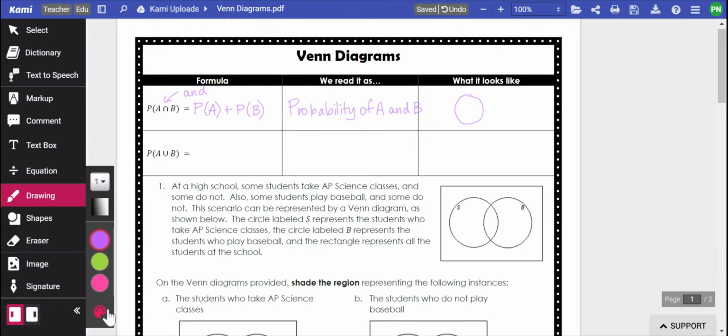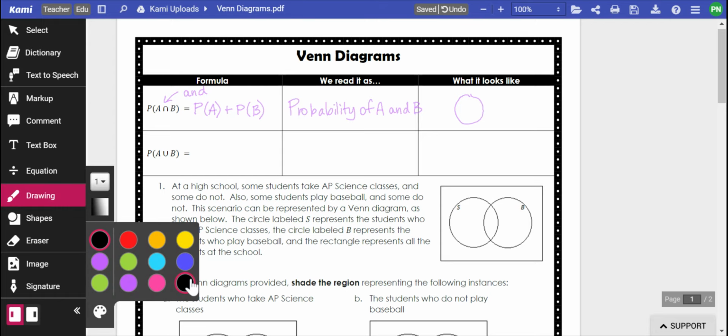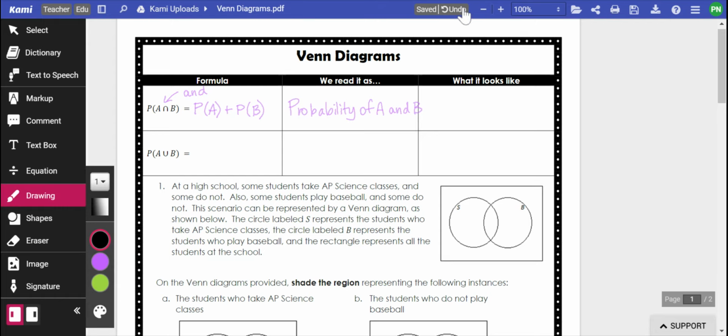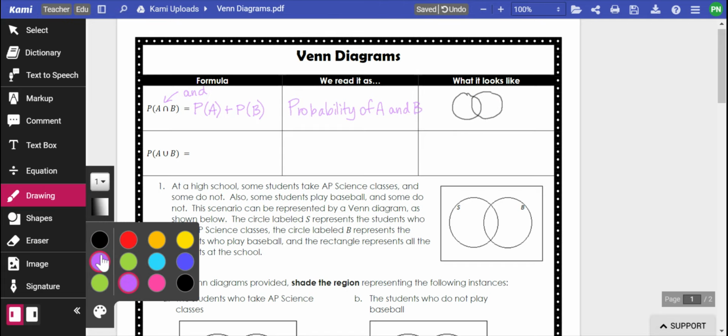What this is going to look like if we were to have a Venn diagram, then if I am finding the probability of one event occurring and another event occurring. So let's say I'm thinking about ice cream.